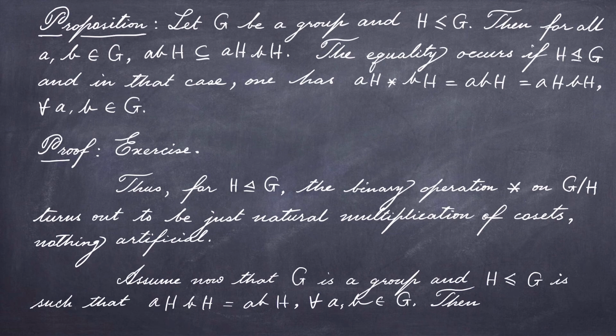Now let me tell you what we are going to do. Here we have observed that if H is normal, then the binary operation of this group becomes the natural multiplication of cosets. Now we are going to answer its converse.